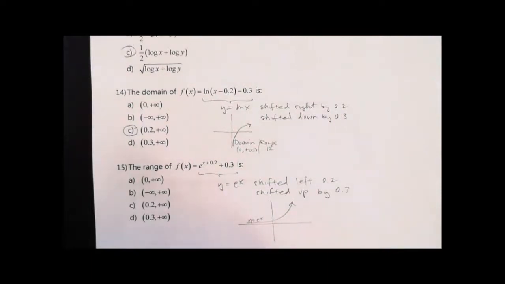Now if we shifted left some, you can see what was at 1 would go left. And if we shifted it up, and again the domain for this is R, and the range is 0 to infinity. And the range is affected by being shifted up by 0.3, and it becomes 0.3 to plus infinity. And again, there's various ways of figuring this out.